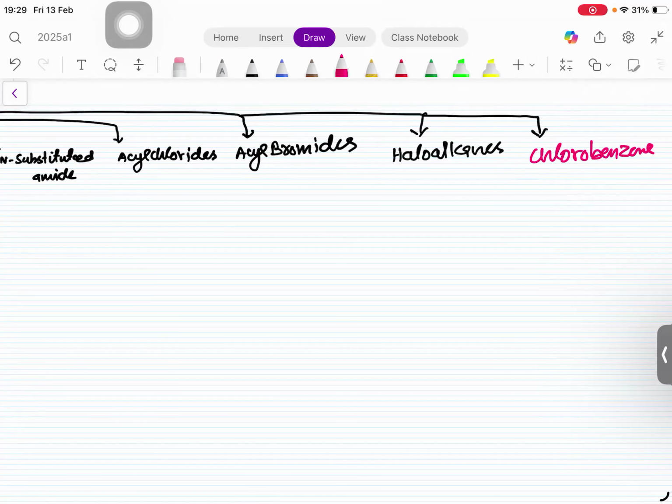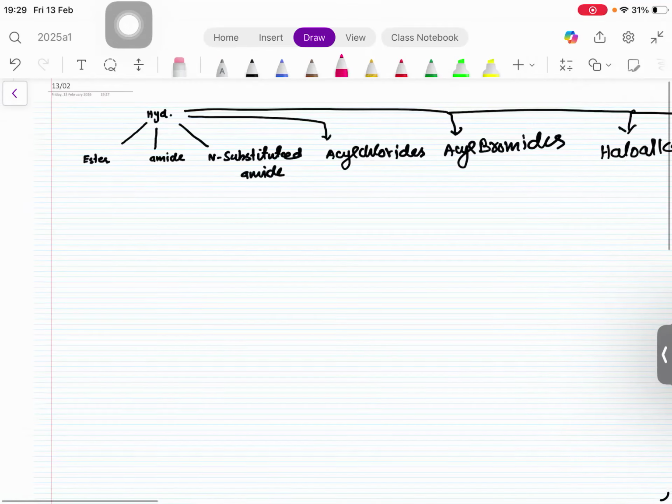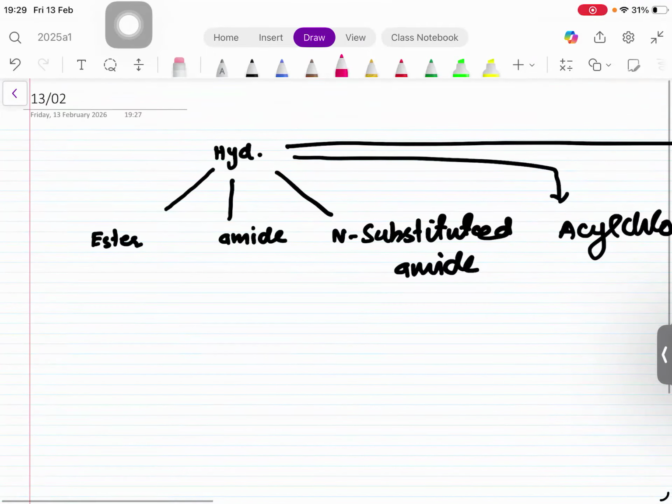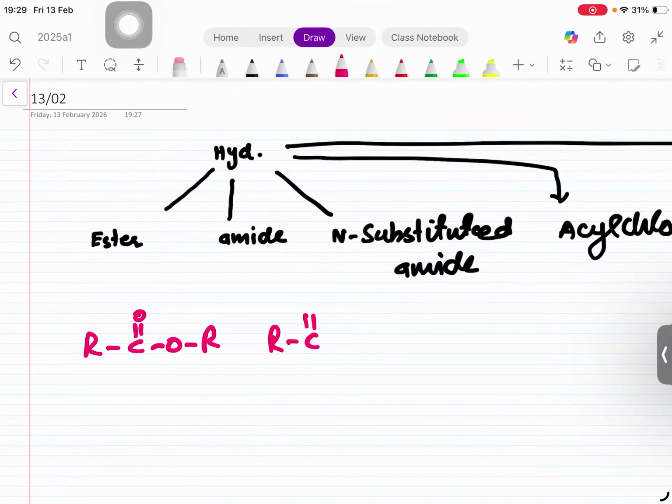Now, let's see how they undergo hydrolysis. Starting with ester. Ester is this functional group, general. Amide is this.